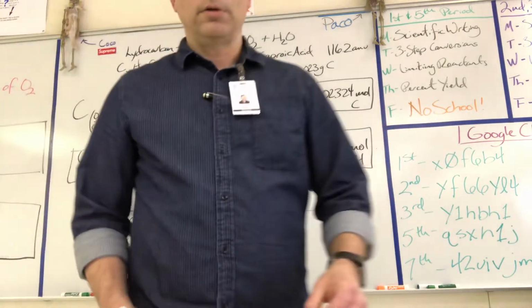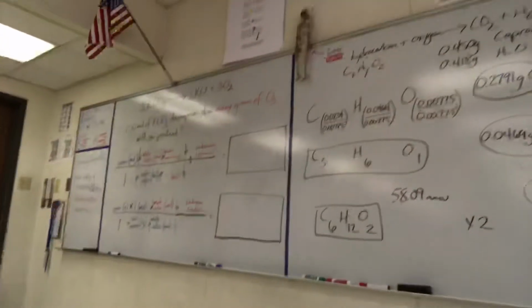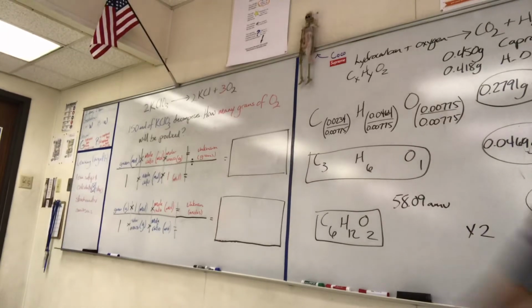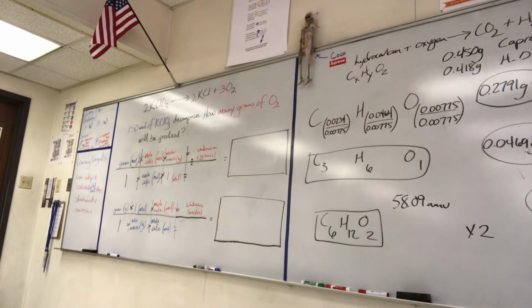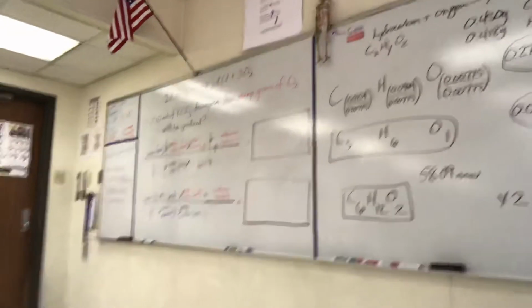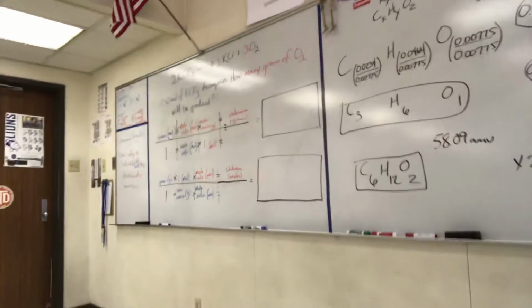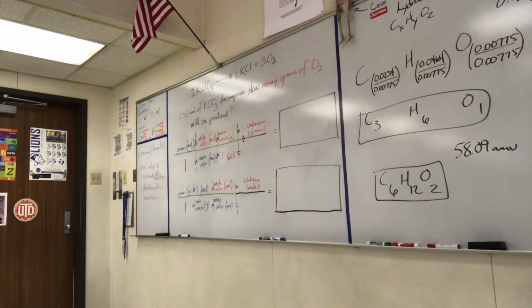The stoichiometry, if you look over there, we're doing stoichiometry over there. So here's the thing. If you're going from moles to moles, that's a one step. So you're going to have molar ratio as your conversion factor.